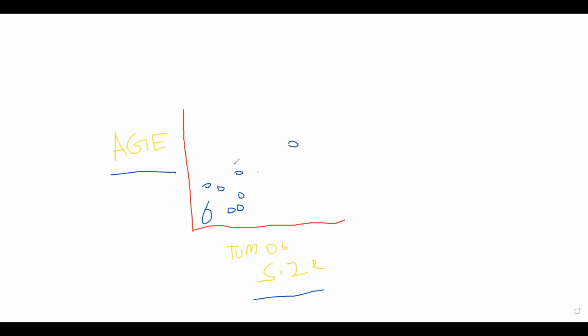And a different set of patients that look a little different, whose tumors turned out to be malignant, as denoted by the crosses. So they will look like this.